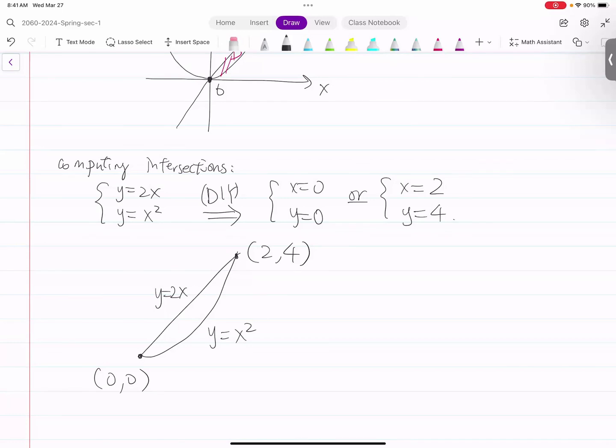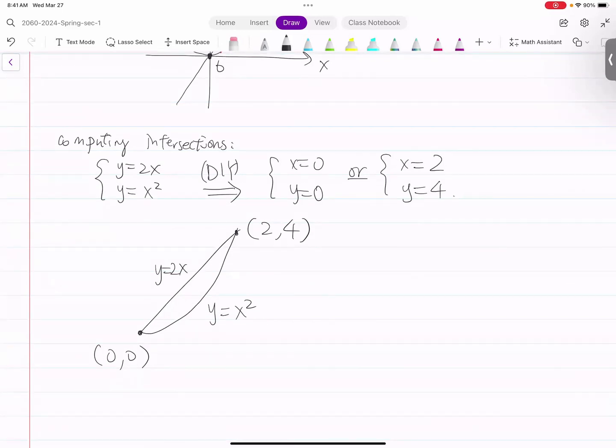So if you describe the bounds using the functions in terms of x, that's choosing type 1, so we are using vertical bars to cover this region, sweeping from the left to the right. But of course this region is not as easy to describe if you use horizontal bars to cover this.